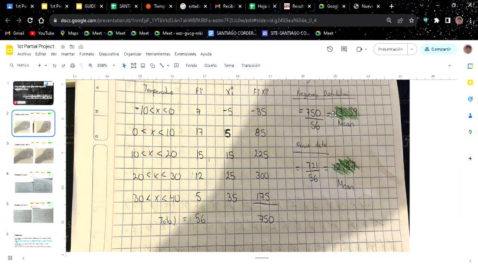That is the result of frequency to midpoint. And here the midpoint multiplied by frequency, the total is 750, and we have to divide that by 58, and the mean is 12.93.